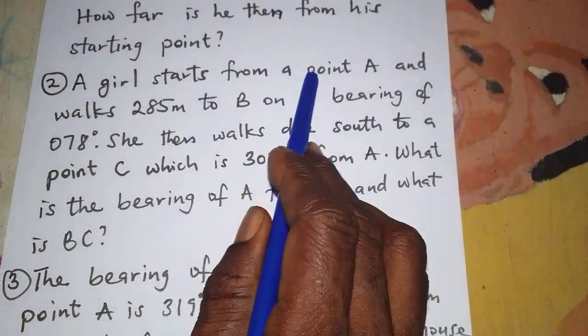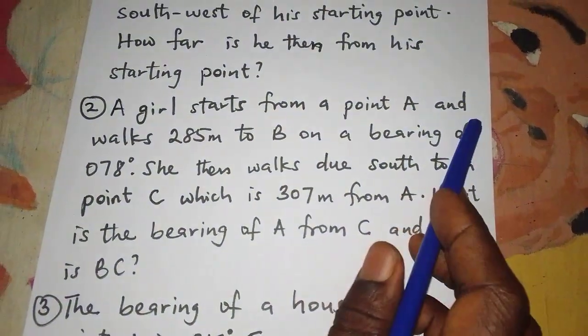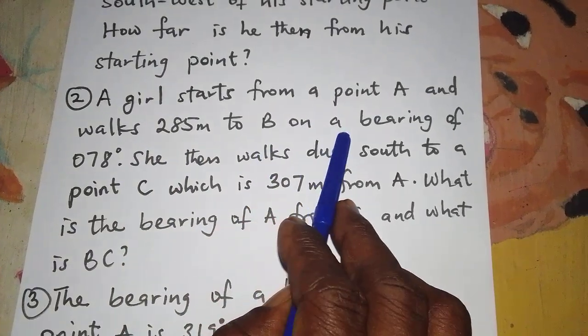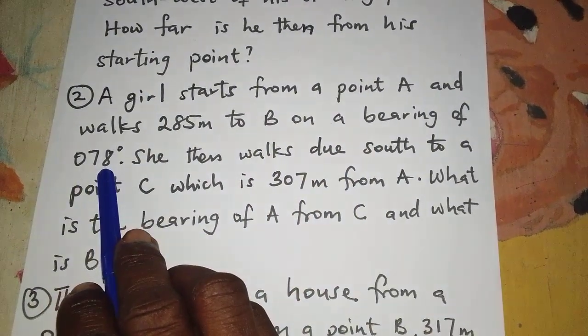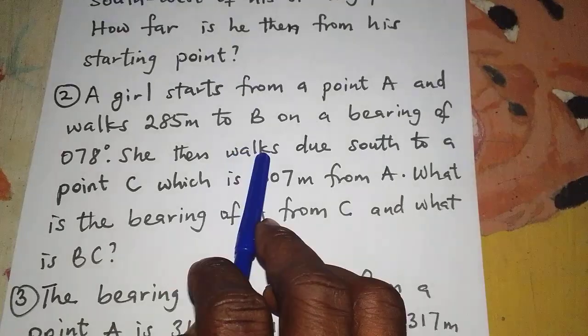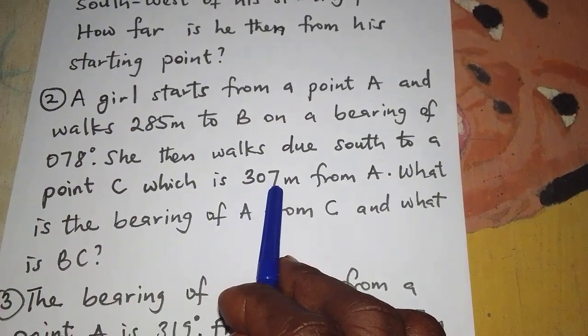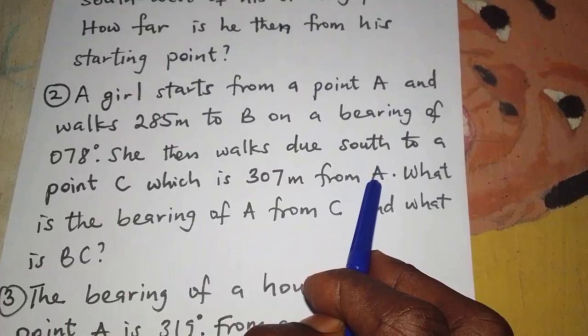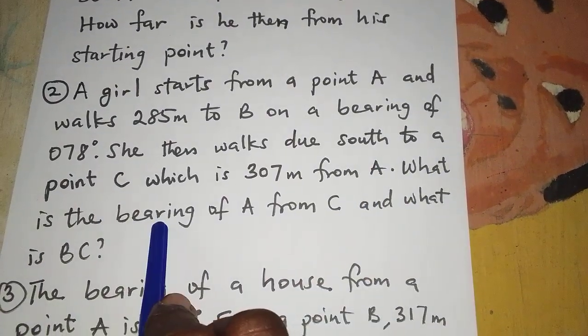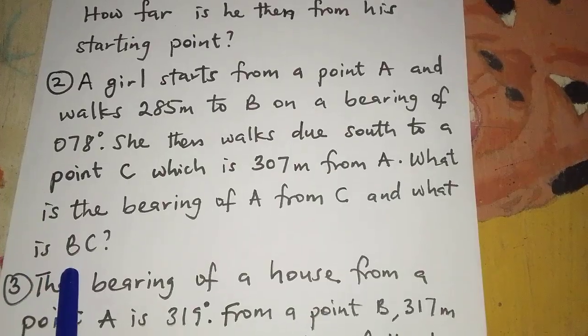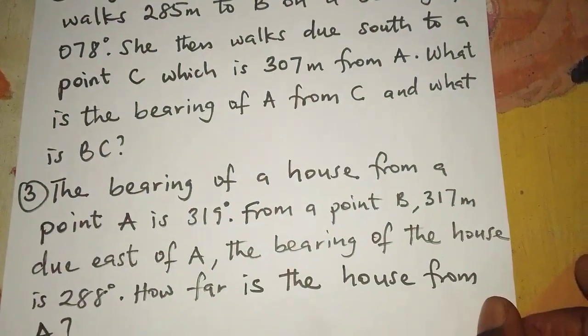A girl starts from a point A and walks 285 meters to B on a bearing of 78 degrees. She then walks due south to a point C, which is 307 meters from A. What is the bearing of A from C? And what is BC?